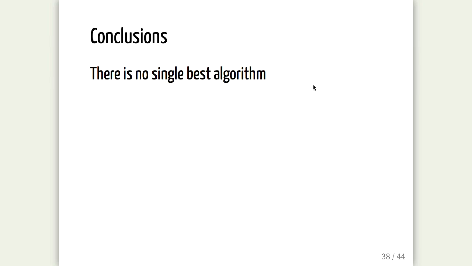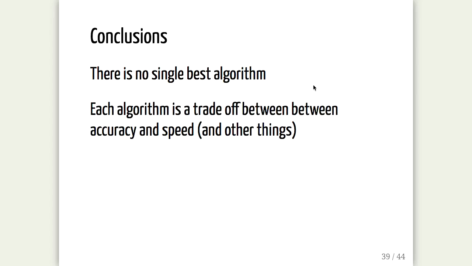So finally, what do we conclude? Well, I've said there's no single best algorithm. You can't say, I want to do fuzzy searches, what's the best algorithm? It depends on your data. It depends on what you consider false positives, false negatives, etc. Second is that for each algorithm, there's a trade-off between accuracy and speed, as well as other things. So some are more accurate.